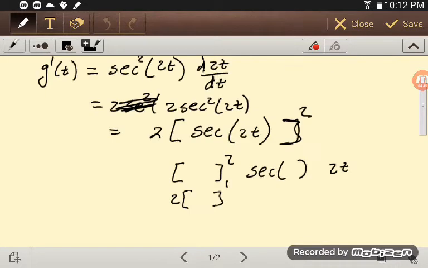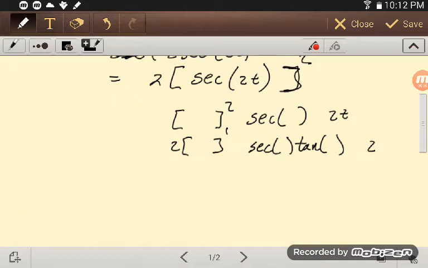Okay, back to here. So I know that that's secant of something tangent of something, and then I know I just get 2 from the 2t. So I'm ready for that second derivative.